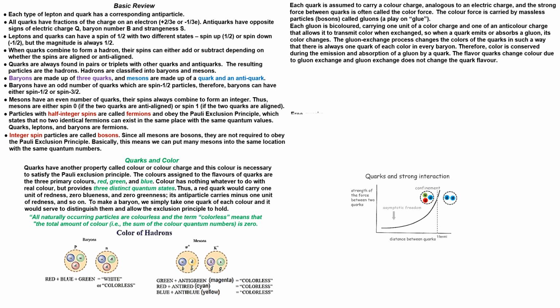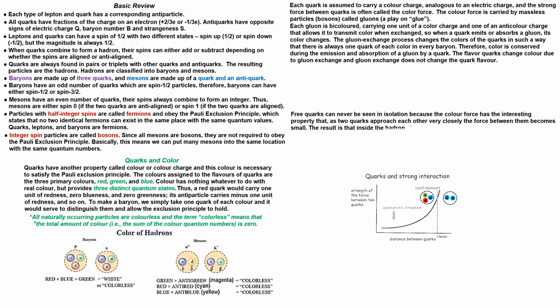Free quarks can never be seen in isolation because the color force has the interesting property that as two quarks approach each other very closely, the force between them becomes small. The result is that inside the hadron, the quarks move more or less as free particles, and this is known as asymptotic freedom. On the other hand, if the quarks move apart, the force of attraction becomes stronger.